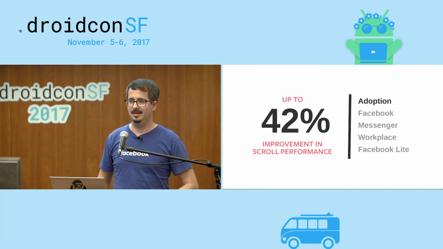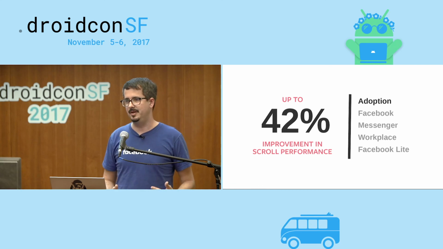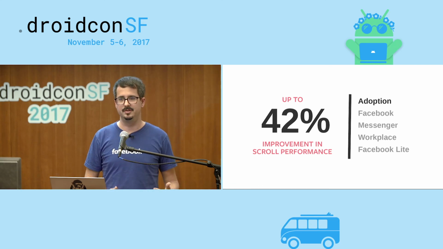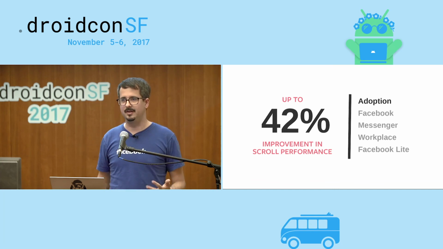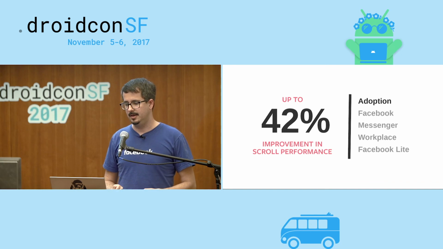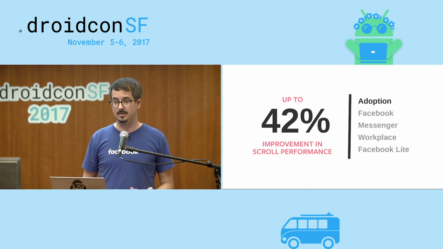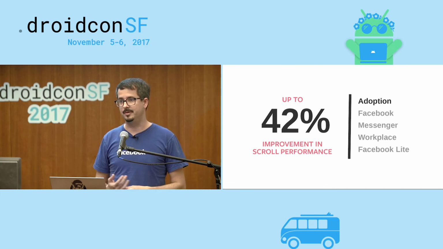So you can't say in general that you're going to use it and it's going to be a giant win. In our experience, we got to a point where if you convert your product to Litho, you're very likely to get pretty big wins from traditional Android to Litho. And we are being very aggressive in our conversion because we're seeing a lot of benefits.